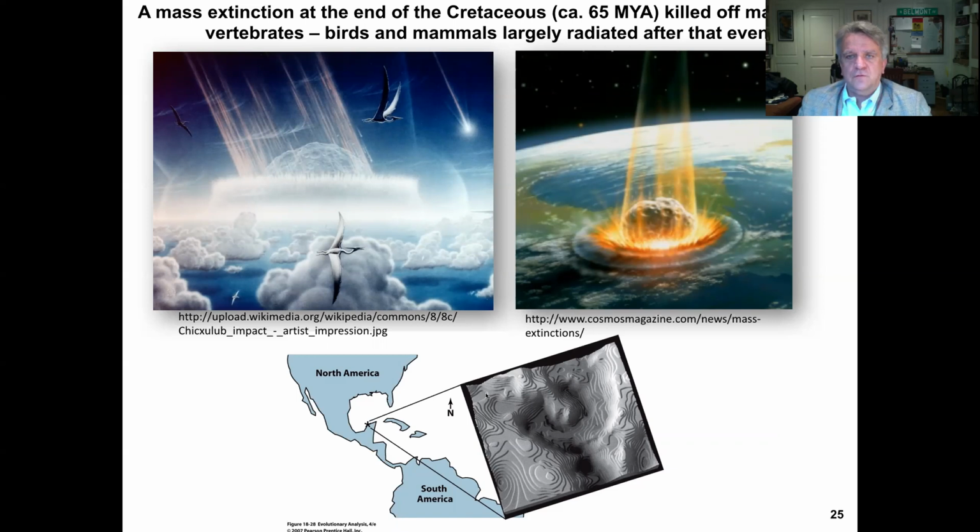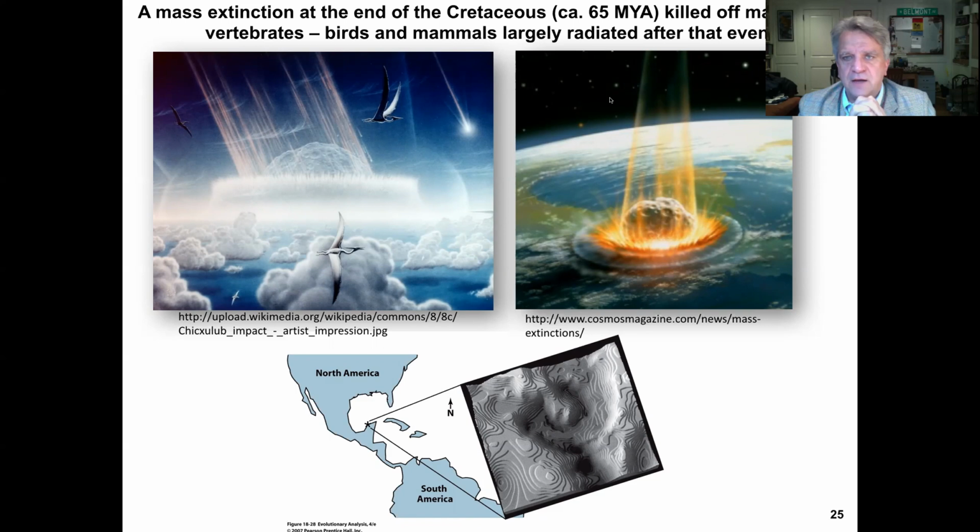And this caused a cataclysmic extinction event, not only from the initial impact and explosion, but from the dust and debris that was kicked up in the atmosphere, essentially creating something akin to what people have proposed will happen in an event of a large-scale nuclear war, a nuclear winter, where there's so much debris in the atmosphere that it prevents sunlight from reaching the surface.